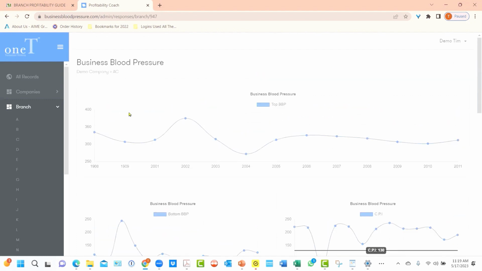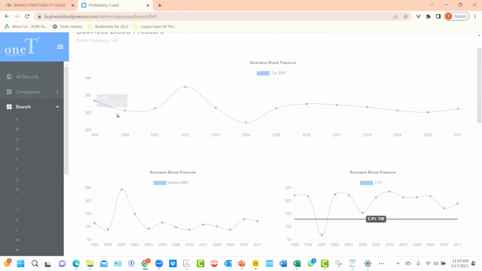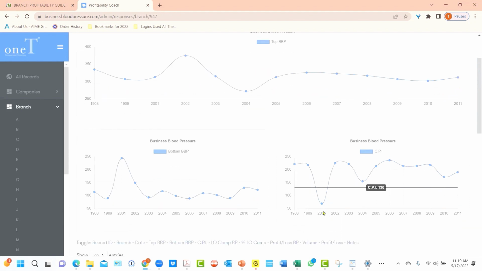Once your data starts to go in, this graphs it month by month. You can kind of see here what happened this month. Only had 272. Let's talk about that. Look at the CPI. They dipped below the 130 line down here. Ultimately, you start to realize this and say, holy cow, why was that CPI number low? I know this particular example, this was a cold weather branch.